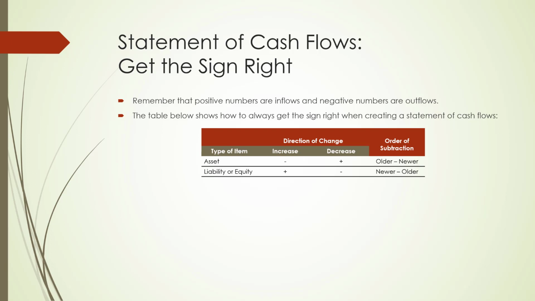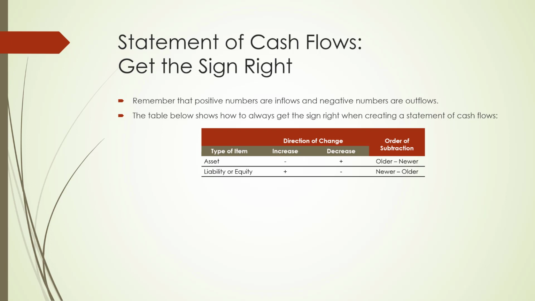So that will be a negative number on the statement of cash flows. On the other hand, if they had an asset that went down, let's say that there was some piece of machinery that the company sold, so gross fixed assets goes down, in that case, that would be a cash inflow, and that would be shown as a positive number.